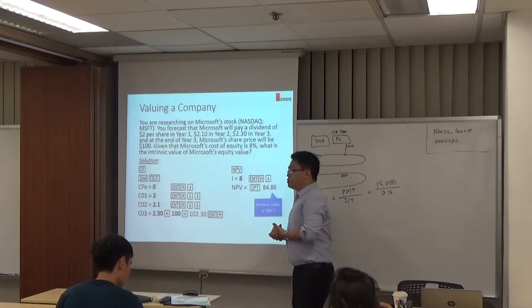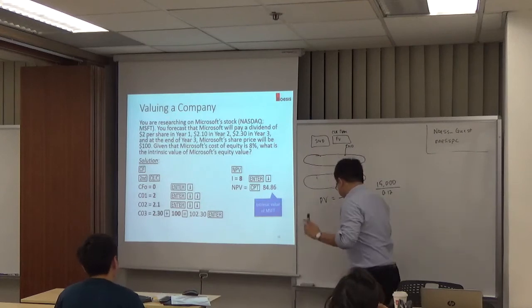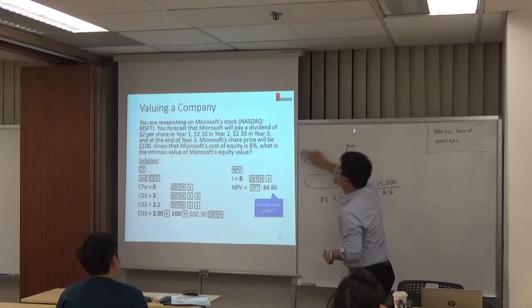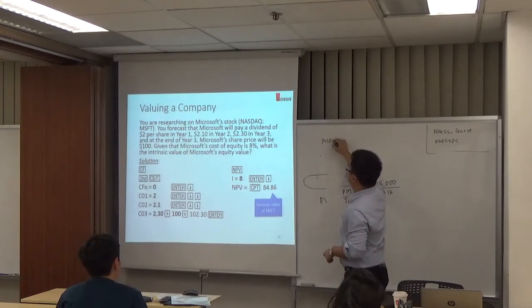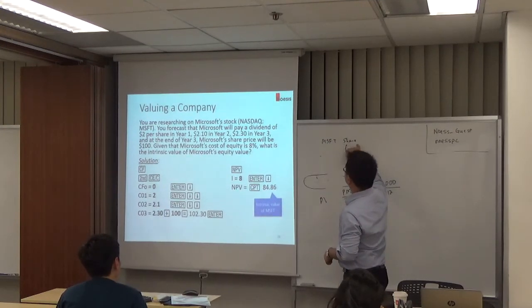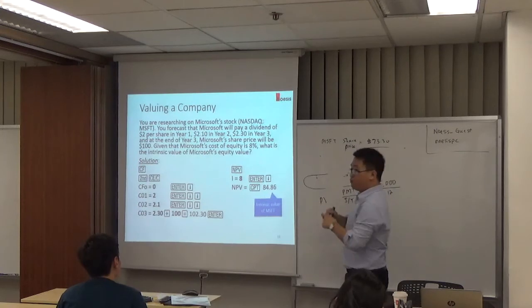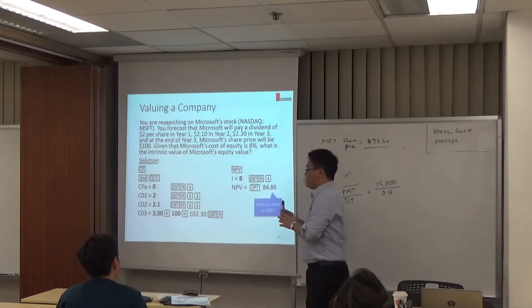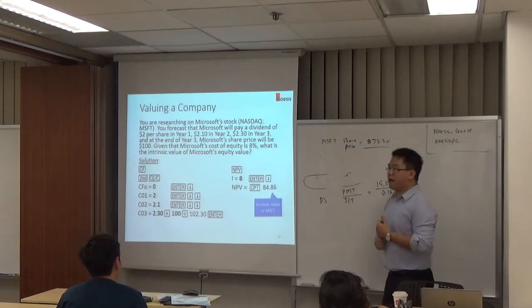Of course, Microsoft's share price in the market could be different. Let's say, assuming that my forecast is correct, Microsoft's share price today, or what we call the market price, is 73.30. If you think that Microsoft's value should be 84.86 compared to the market price today, would you actually buy, or would you advise your client to sell?